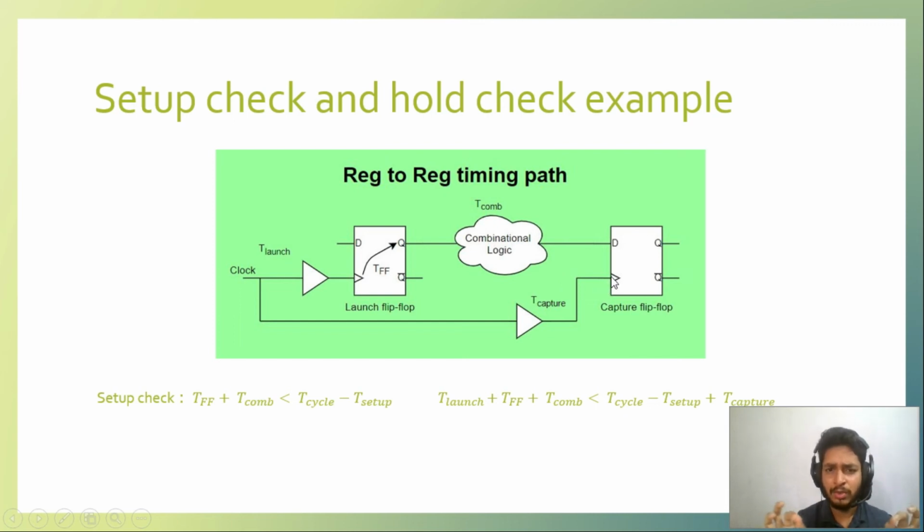There is no latency, there is no discrepancy of the clock arrival. The clock arrives simultaneously. If that is so, then T flip-flop, the propagation delay from this clock pin to this output, which we have seen, which is the hold time actually, but this is the propagation delay. So T flip-flop plus the T combinational logic must be less than T cycle minus T setup.